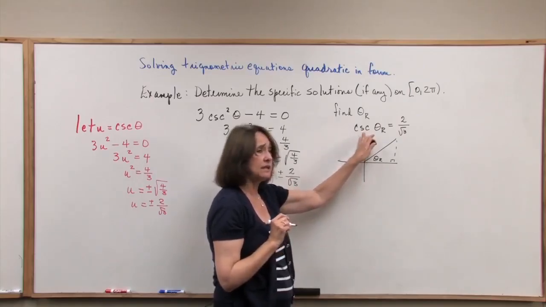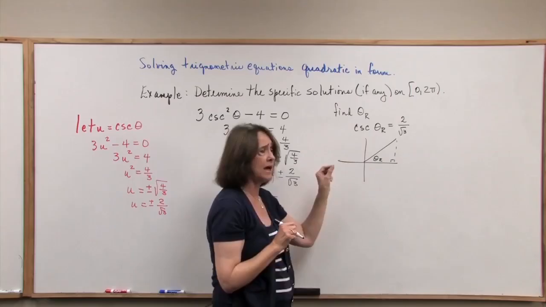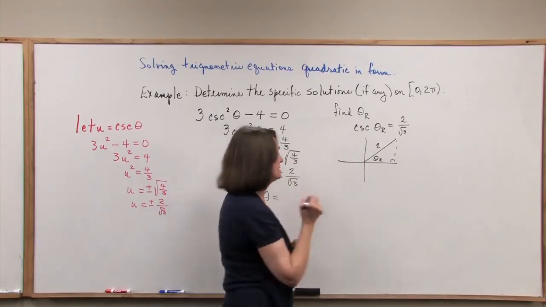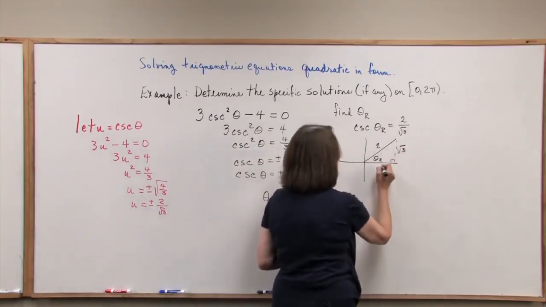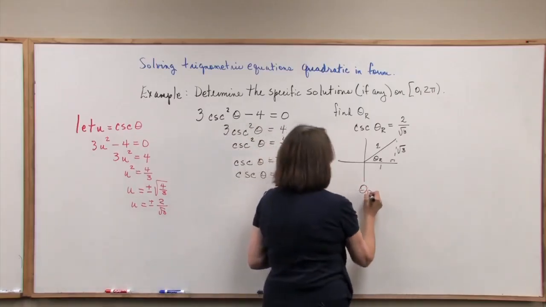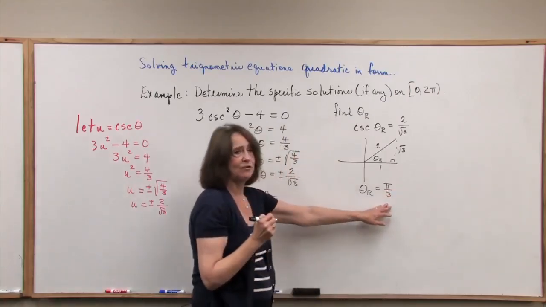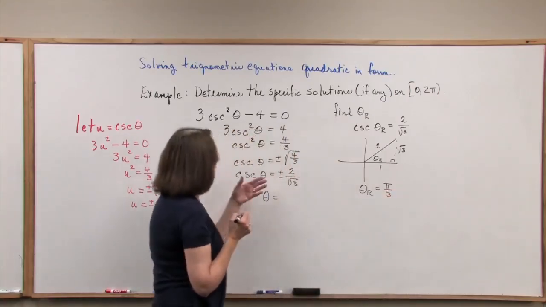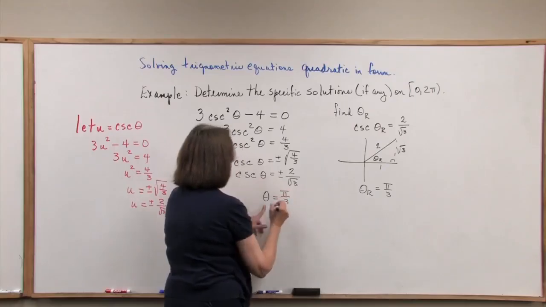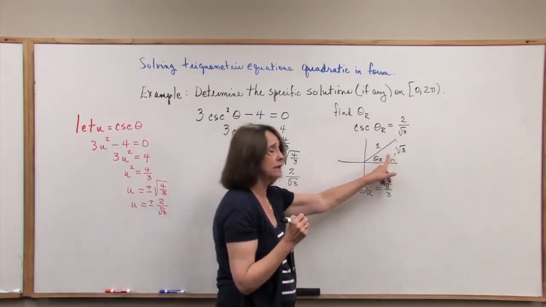I know cosecant of theta is the ratio of the hypotenuse, so that's the 2, divided by the opposite side, which is square root of 3. That makes this side 1, and I know that my reference angle is pi over 3. Okay, that'll give me one solution. Let's write that solution down for positive 2 over square root of 3 in quadrant 1.